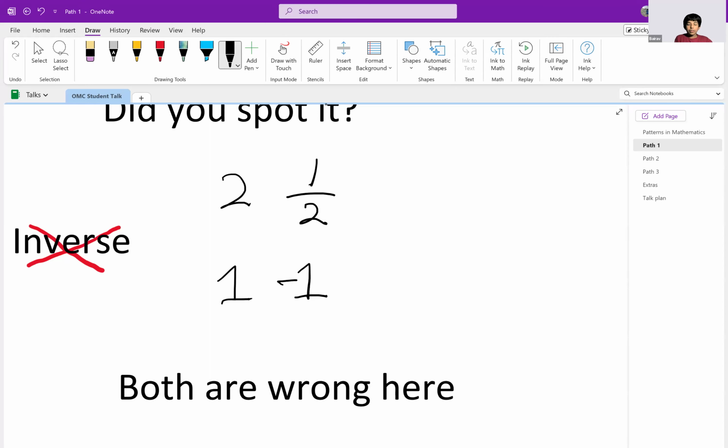But you can usually do it. Additive inverse seems like it would be easier after all, since you just get negative one from one. But it turns out that it isn't always that easy.